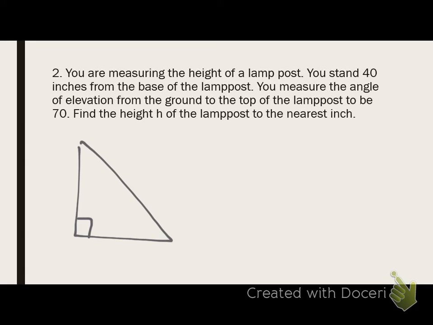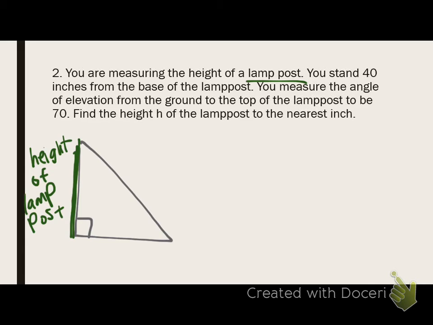So, let's try to label not necessarily numbers, but what these sides represent. What do we think the vertical side represents in this? The lamppost. Good. And even more specific, the height of the lamppost.